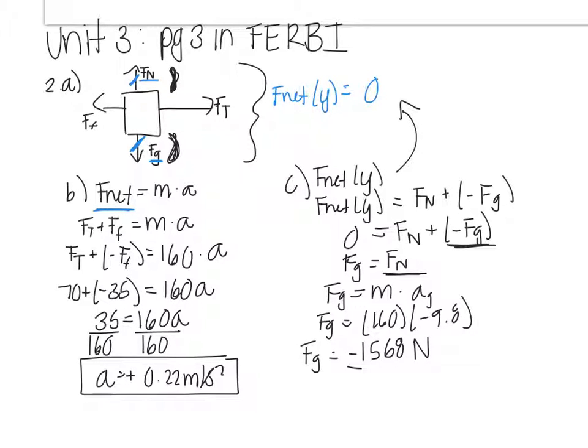This makes sense that this is negative because we see in our FBD that our F_g is pointing in the downward direction. So what is F_N? Equal and opposite. That means F_N has to be a positive 1,568 newtons. Awesome. So that is the question that I wanted to work on with you guys from Unit 3.